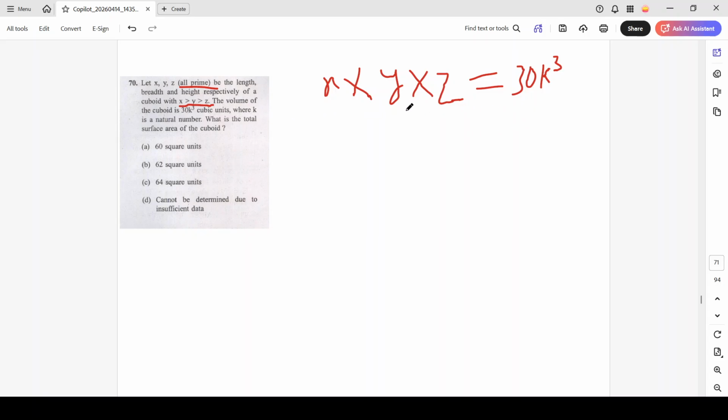So if we see this, k is common in all. So we need to find out the factors of 30. So what are the factors of 30? 2, 3, 5, 6, 10, 15 and 30. So simply we can't take 30 because x is greater than y is greater than z.